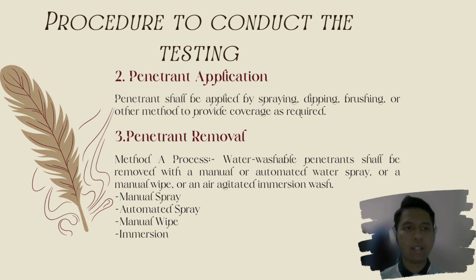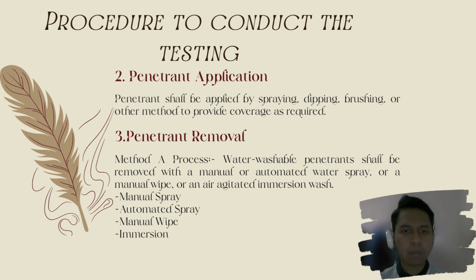Next, the second step is penetrant application. Penetrant should be applied by spraying, dipping, brushing, or other methods to provide coverage as required. The third step is penetrant removal. There are a lot of processes. One of them is the water process.